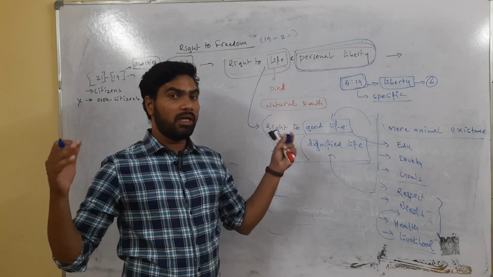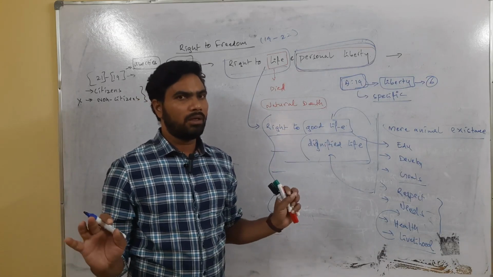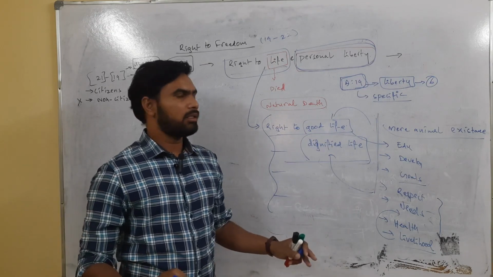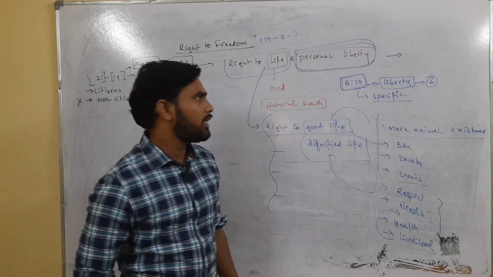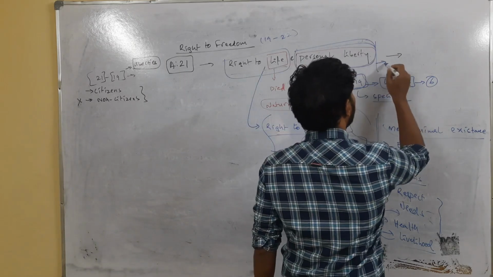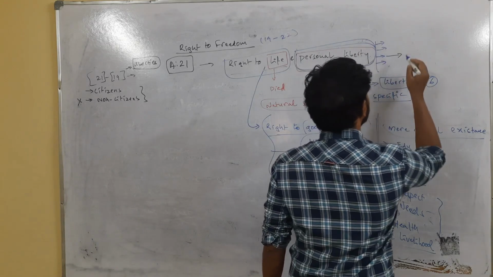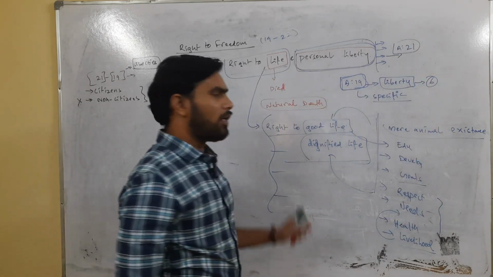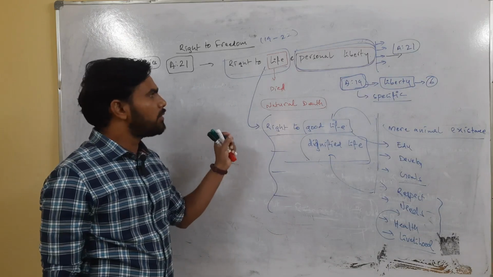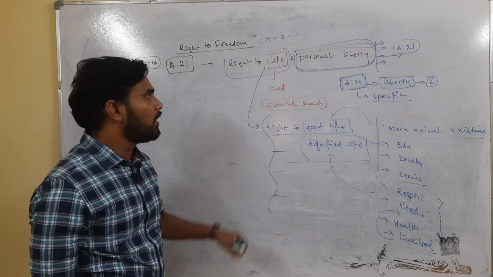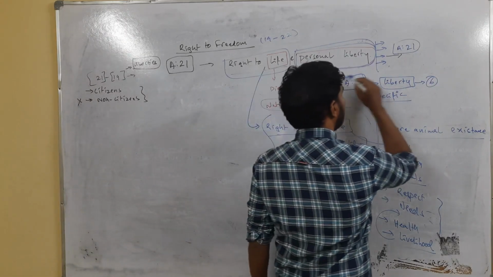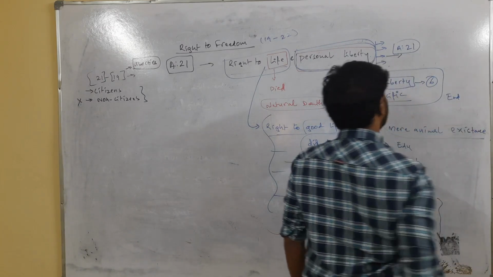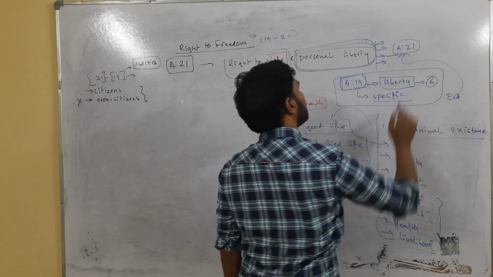There are several other things with respect to liberty. All these broader liberties not covered under Article 19 can be found in Article 21. In this way there is a relation between Article 19 and Article 21. Where Article 19 ends with respect to liberties, Article 21 will start.